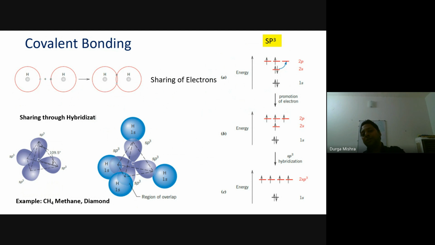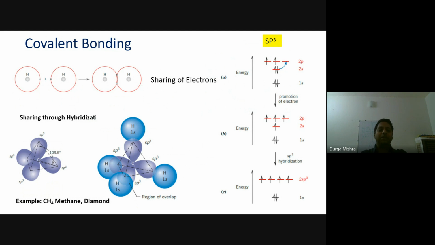But if I bring a third hydrogen, they will not form an H3 molecule, because the shell is already fully filled and you would have one extra electron. So H3 will never form, you have only the H2 molecule.